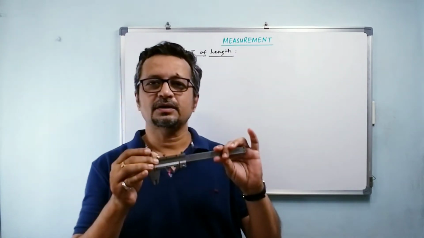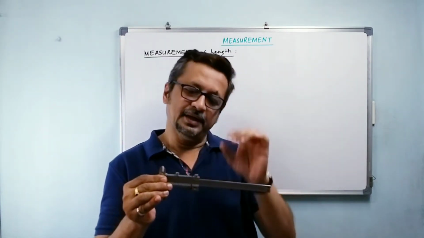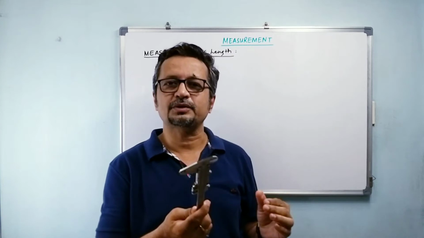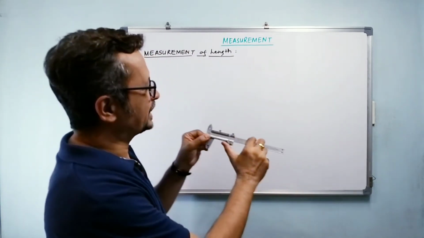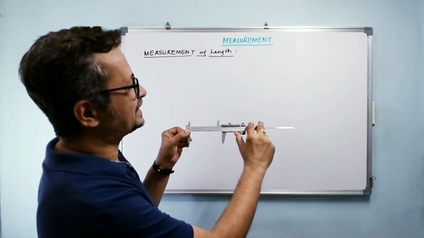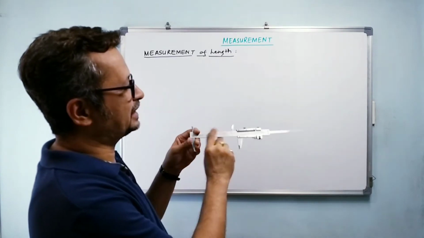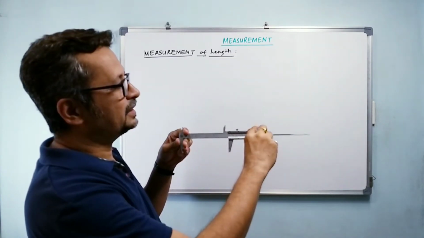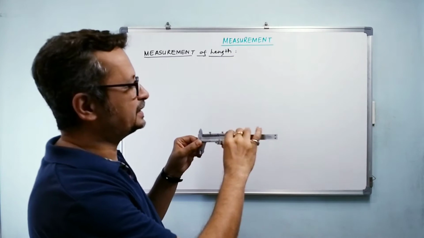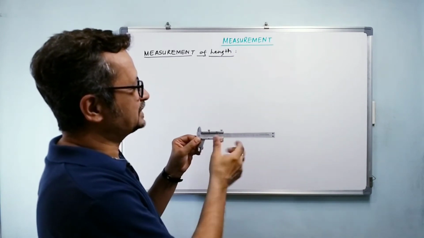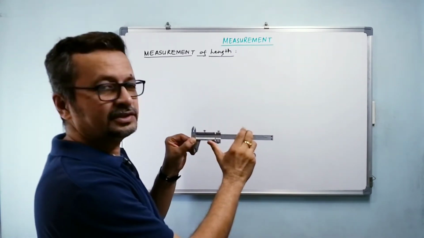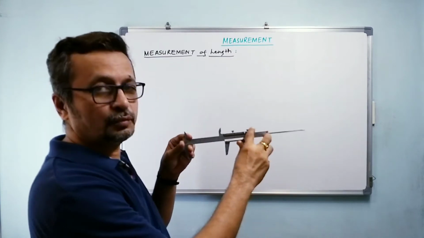This is called a Vernier calipers. Okay, now what is so special about it? It has got two scales here. This slides, okay, this is my main scale, and the other scale slides on my main scale, so I can loosen these screws and make it move more freely.